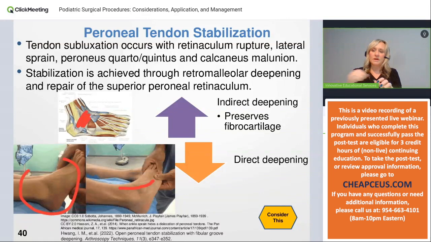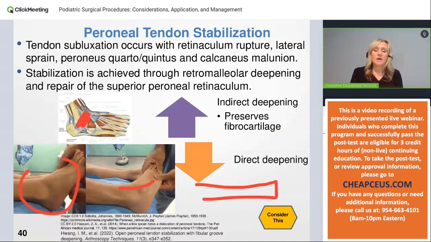Historically, what they've done is go in, ream it out, and do a direct deepening to create the space. What they know now is that doesn't preserve that good, smooth cartilage. So the tendency now is they're going to come in, and if this is our bone on that lateral foot, they're going to ream out underneath it, and then they're going to hammer down the surface to keep that good hyaline cartilage and create a larger space for those tendons to pass.